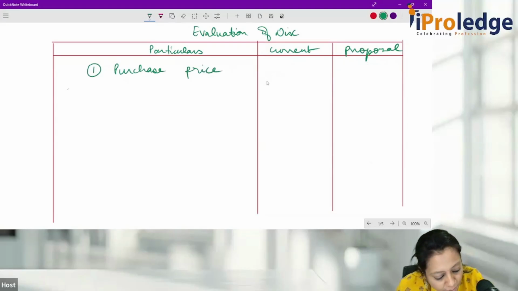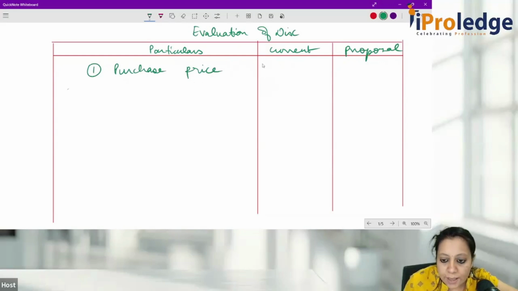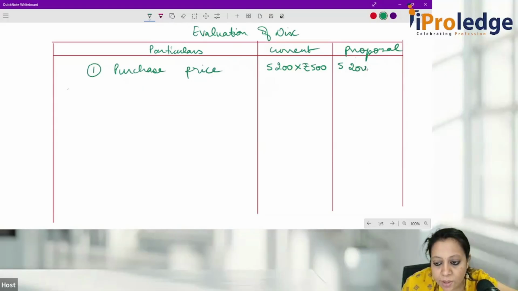You can all see that the cost of the tubes given in the fourth row of the question is 500 per tube. So can I say 5200 into rupees 500? Yes. And here the proposal is going to be 5200 into rupees 500 into 95%.